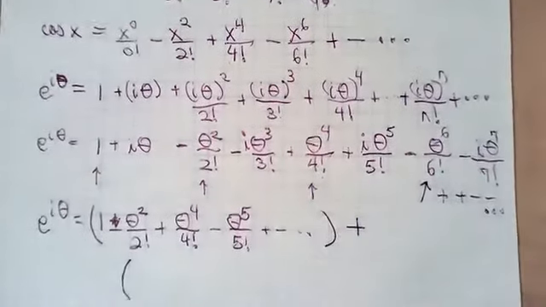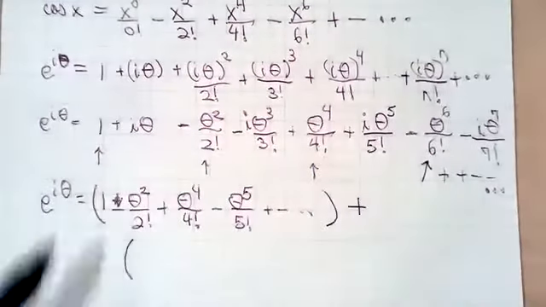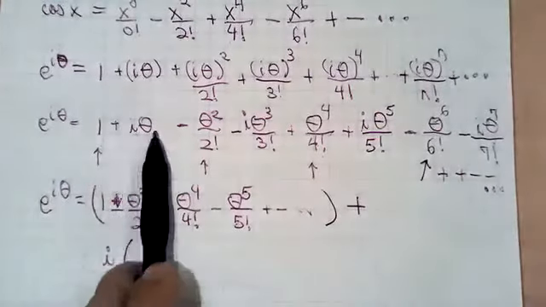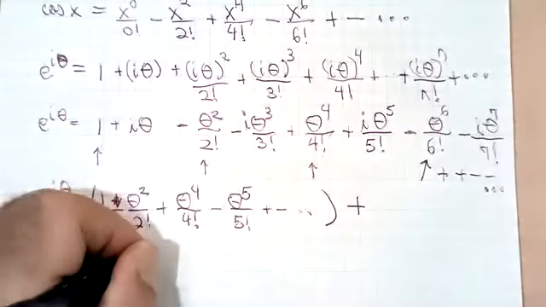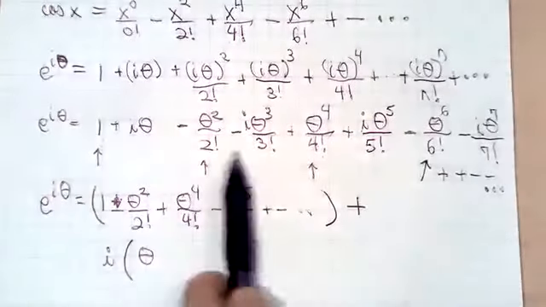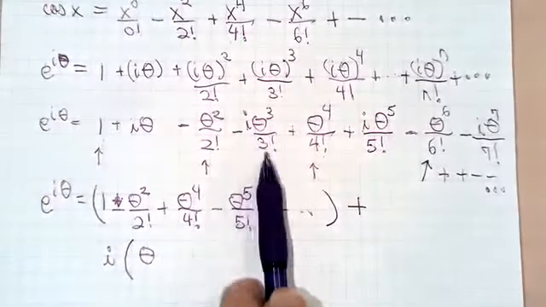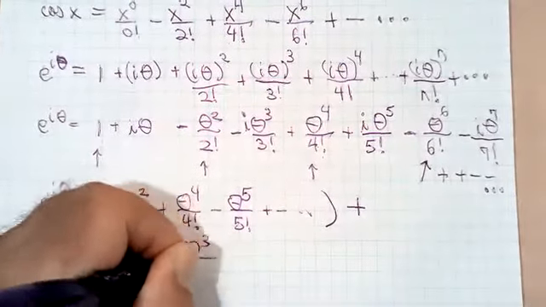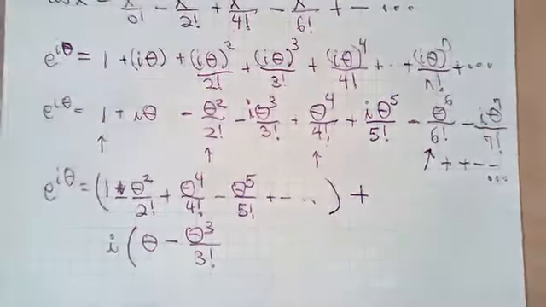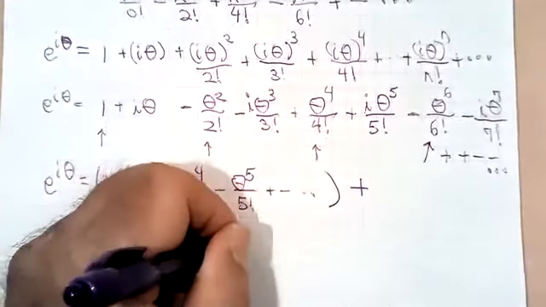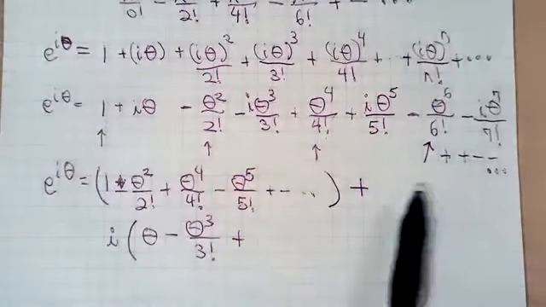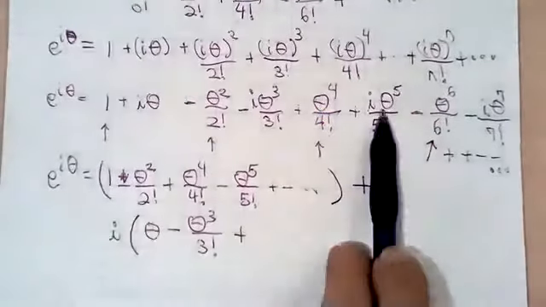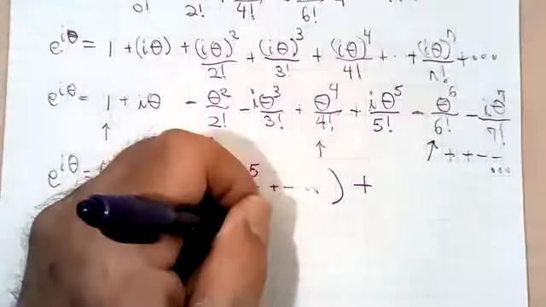And now our i terms are these, but I'm just going to factor the i out of them, so I don't have to write that every time. i times theta, I've just got theta. The next one is -i theta cubed over 3 factorial, so minus theta cubed over 3 factorial, plus, where's our fifth order term? i, which is factored off, theta to the fifth over 5 factorial.